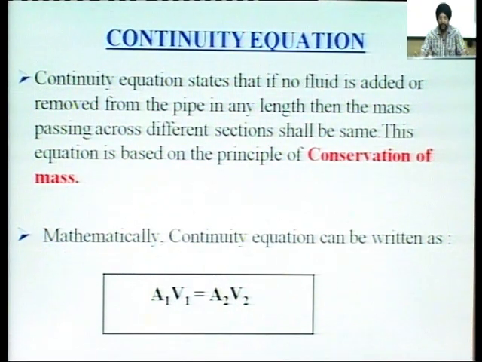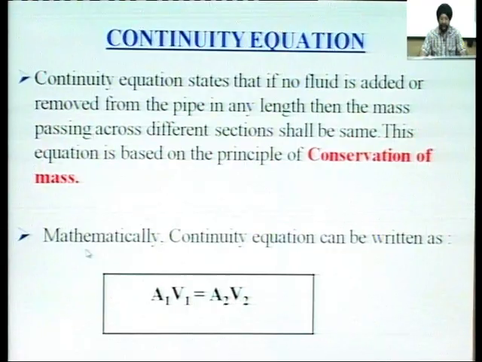Repeating once again, if you have a pipe of any length and you are not adding or removing any liquid, the mass passing across different sections shall be the same. The mass is not going to change. This equation is based on the principle of conservation of mass.